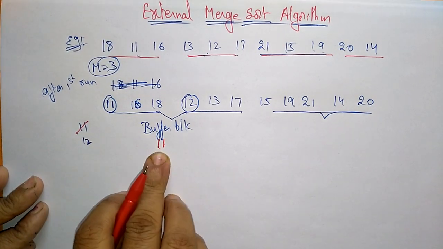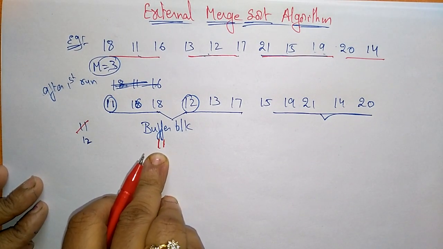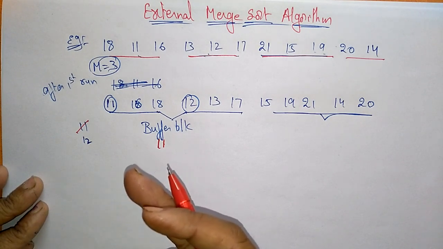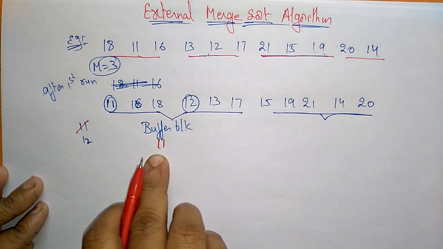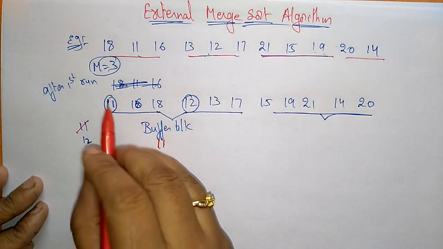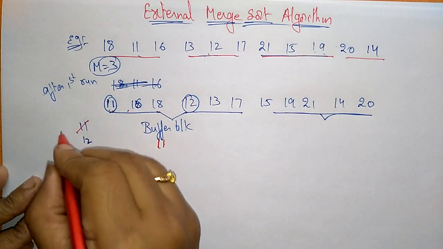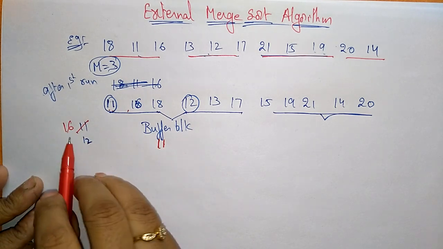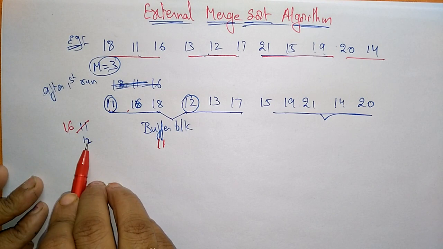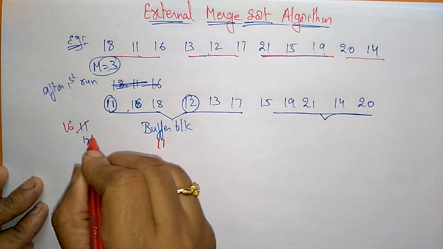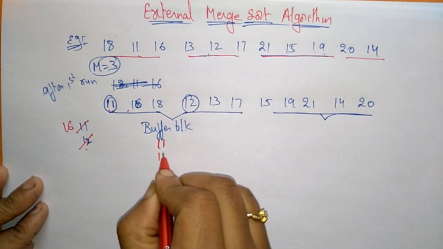The output value should always be placed in the output buffer block, and after that it is stored on the disk, as we discussed in the algorithm. After 11 you have the value 16. Now check 16 and 12. 12 is the least, so strike off the 12 and place 12 in the buffer.